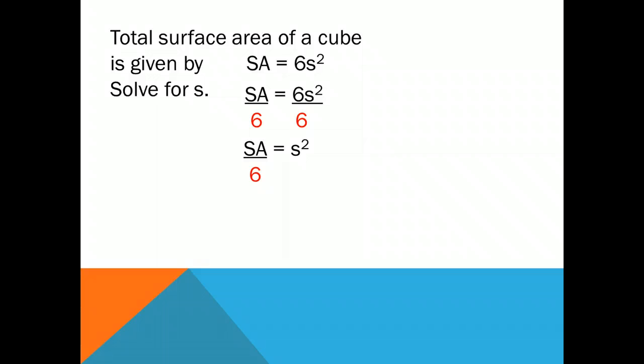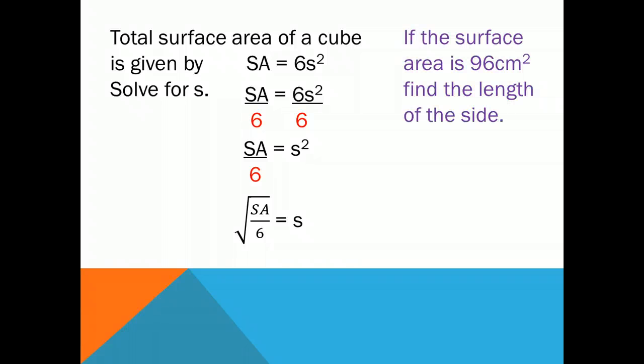But now we have to go ahead and remove that exponent. In order to isolate the s, we need to take the square root of both sides. So s is equivalent to the square root of the surface area over 6.